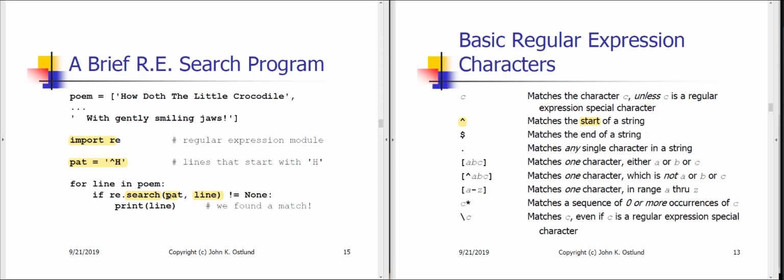On the other hand, if the pattern is found in the current line, the search will return something other than None, and in that case, I simply want to print the line that matches that pattern. So the upshot, since I am looping through all of the lines in the poem, is that I'm going to end up displaying all of the lines from the poem that begin with a capital H. Let's see that happen.